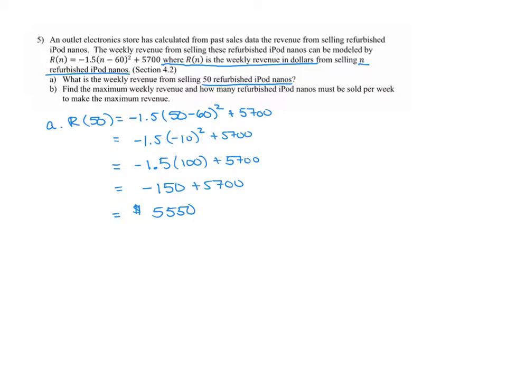For Part B, it says find the maximum weekly revenue and how many refurbished iPod Nanos must be sold per week to make the maximum revenue. When we ask about maximum, this is the vertex. So what is our vertex?